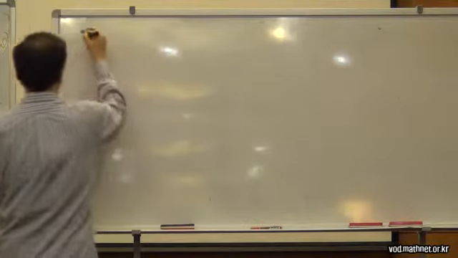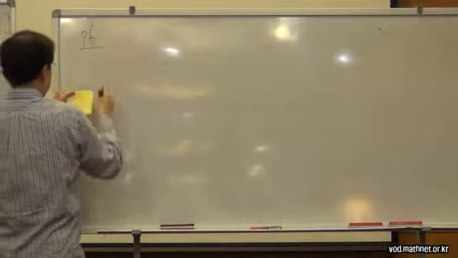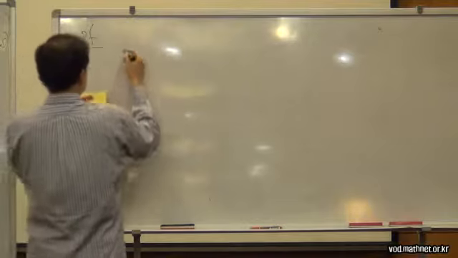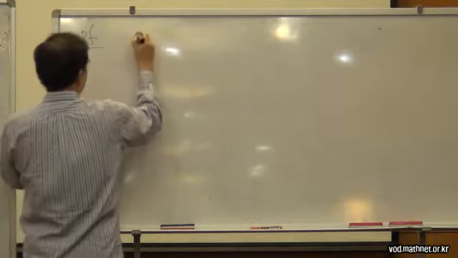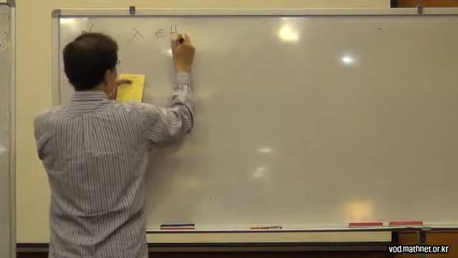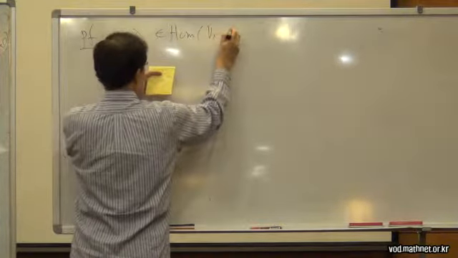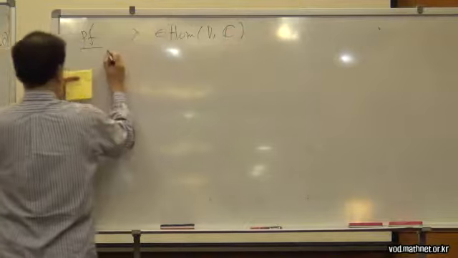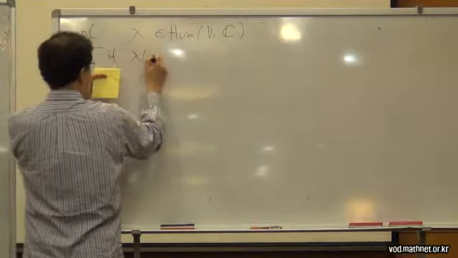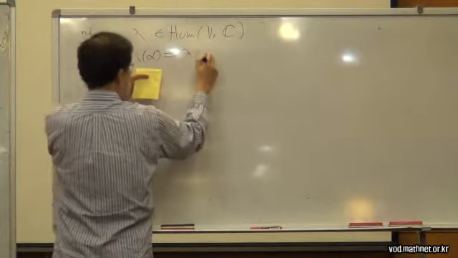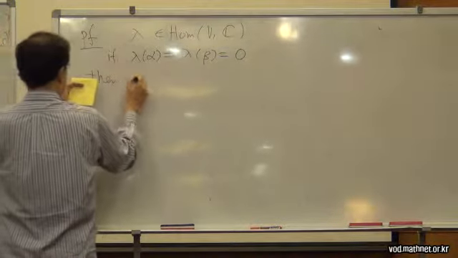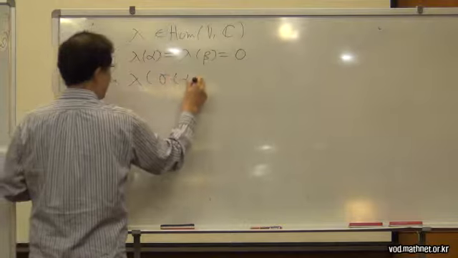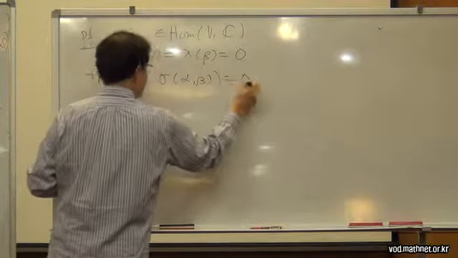Proof of the lemma: for any lambda, if lambda(alpha) or lambda(beta) equals 0, then lambda(sigma(alpha, beta)) equals 0.